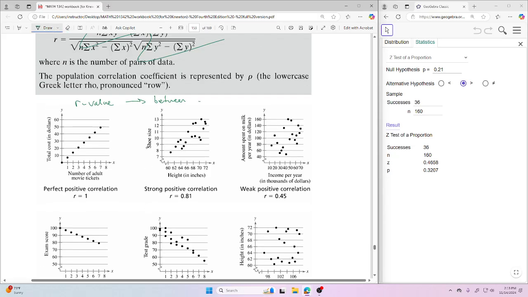Let me write that back up here. -1 to +1. So -1 is strong negative correlation, while a +1 is strong positive correlation.